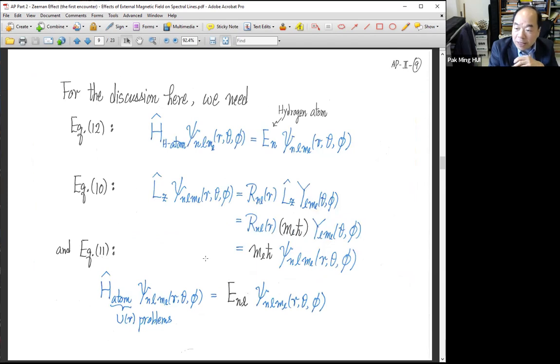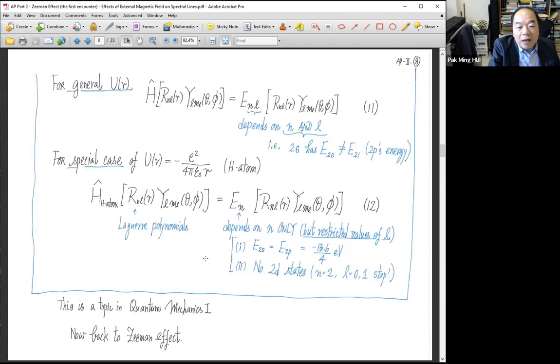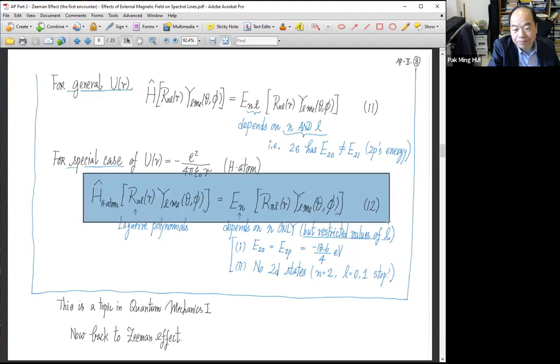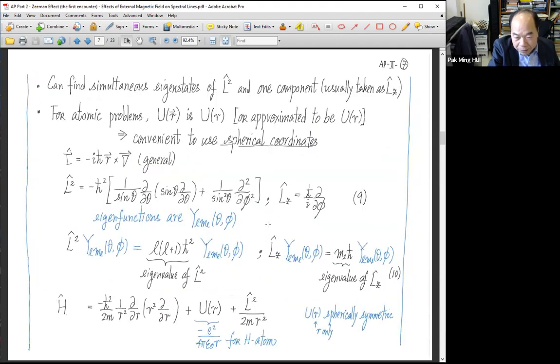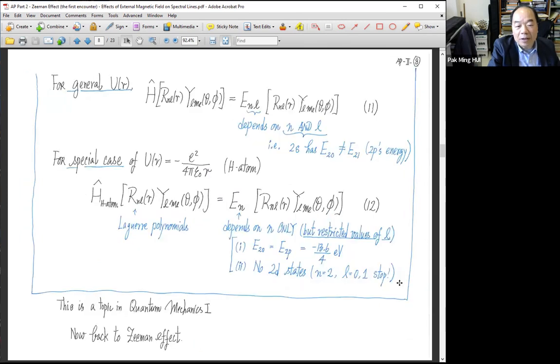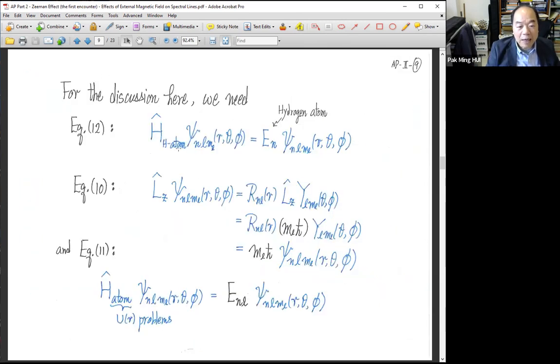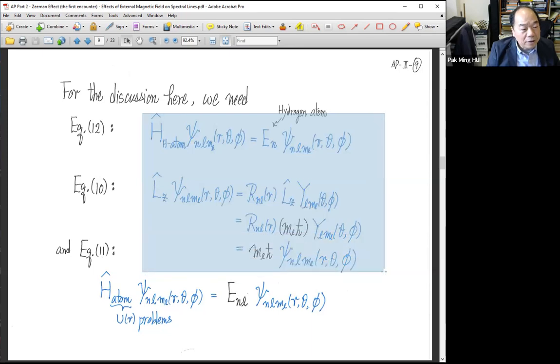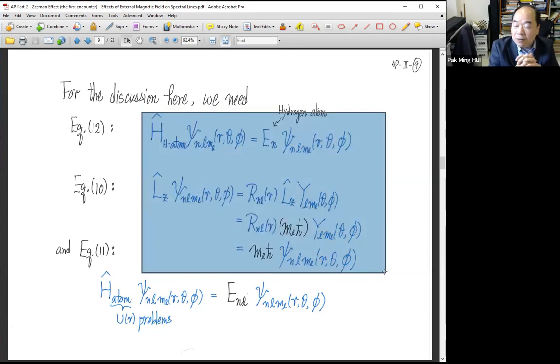So for the discussion here, I pick up this line, I pick up this line, all right? So I move on. I copy these two lines here to emphasize that the atomic hydrogen energy eigenfunctions are also eigenfunctions of Lz, okay?